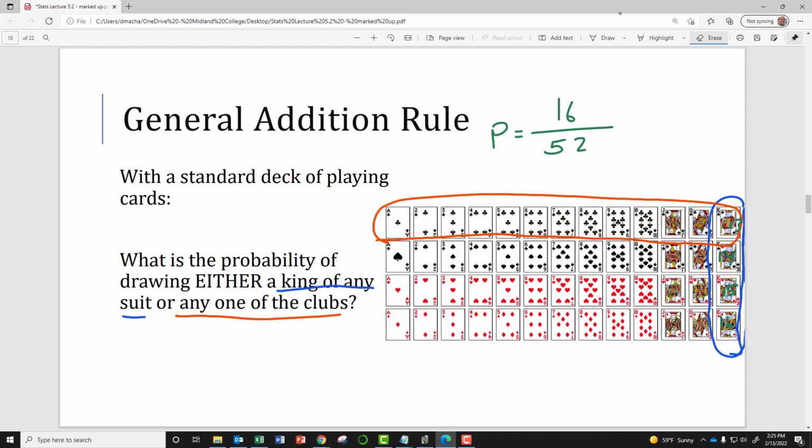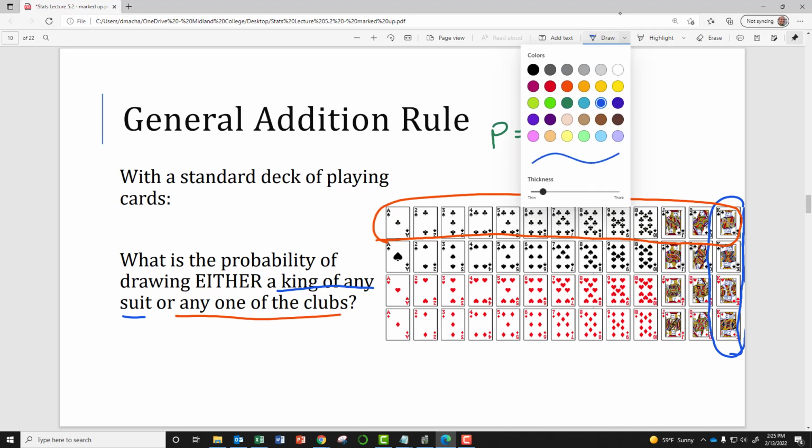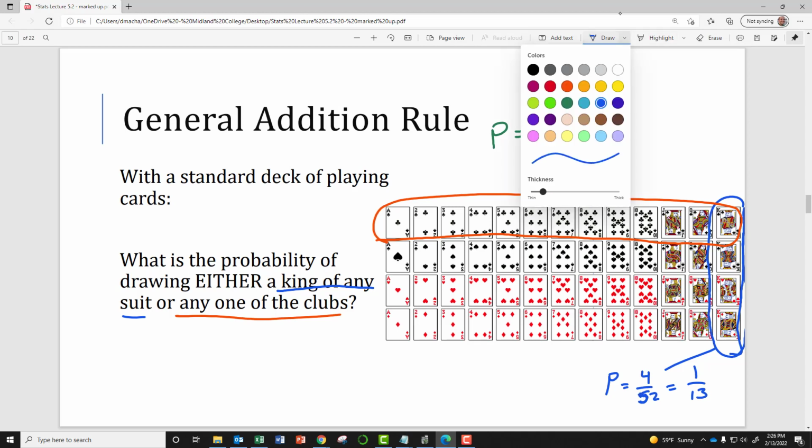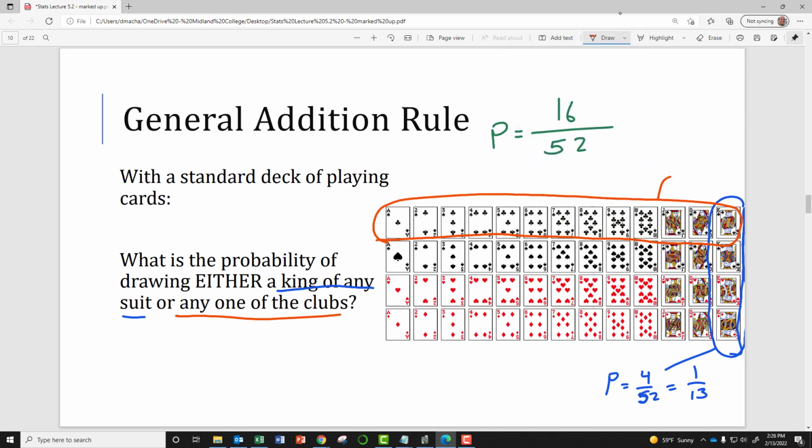But we talked about how if you're talking about 2 disjoint events, then you should be able to add up the probability of each event happening. For this blue event, my probability is 4 out of 52, which is 1/13. For this orange event, the probability is 13 out of 52, which is 1/4.